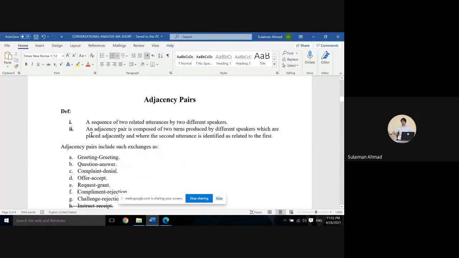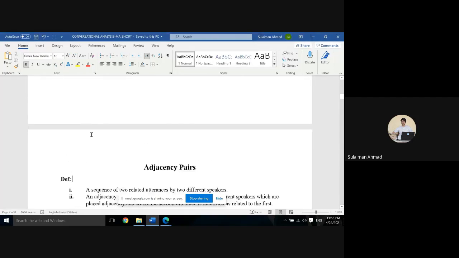In conversation, we have got adjacency pairs, right? If we focus on the terminology, adjacency is from adjacent. Adjacent means very close. Let's suppose if I say we'll have a class in the room adjacent to this room, right?